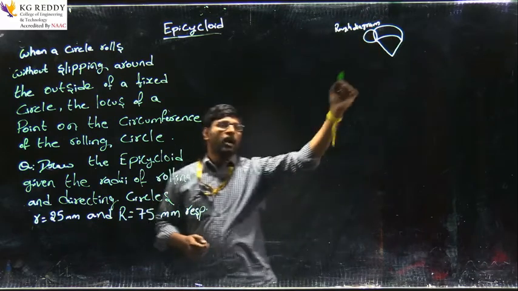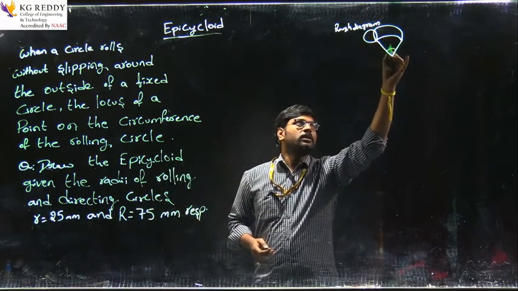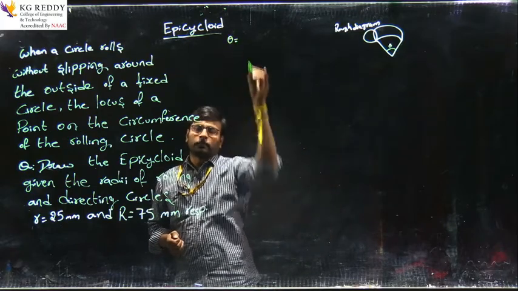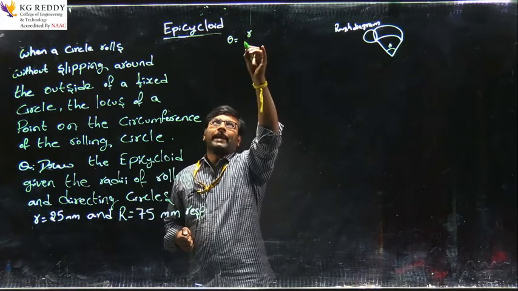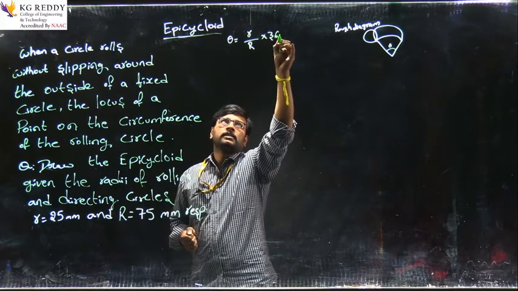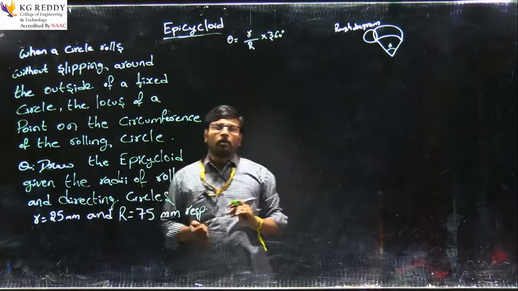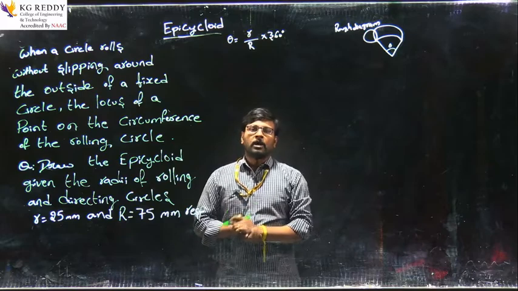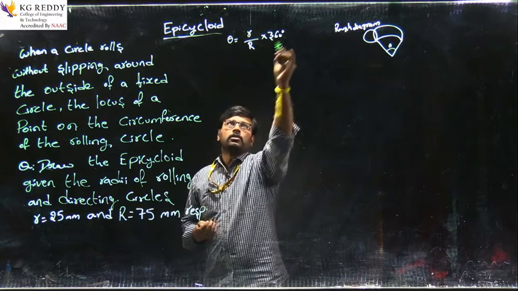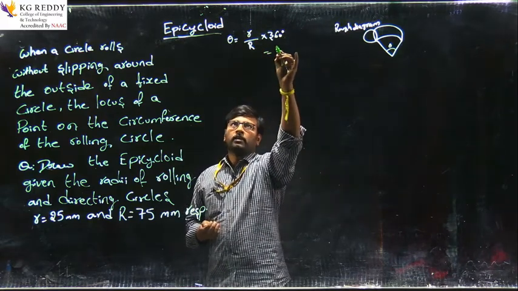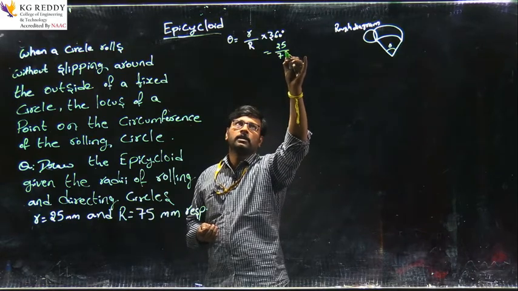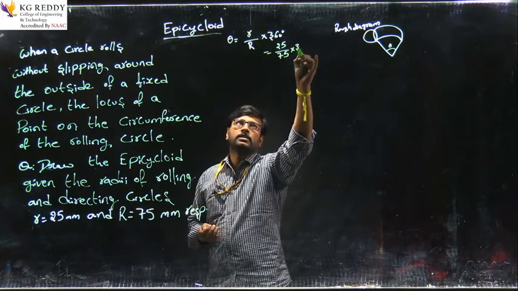Here we have to find the angle theta between these two generators, and theta is equal to small r by capital R into 360 degrees. This is how we find theta. Substituting the values, small r is 25, capital R is 75, and 360 degrees.